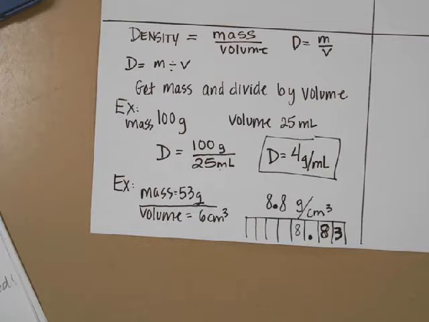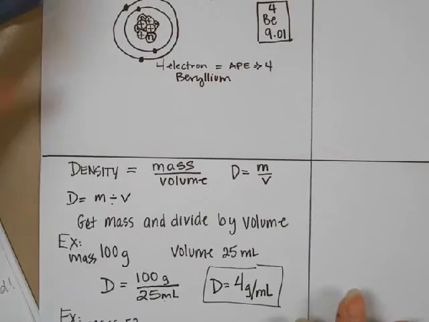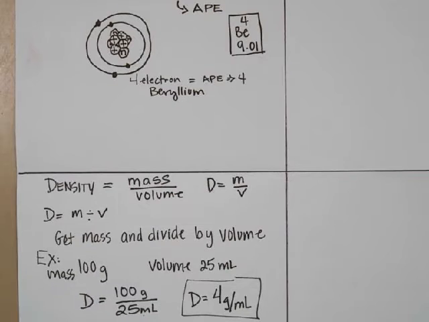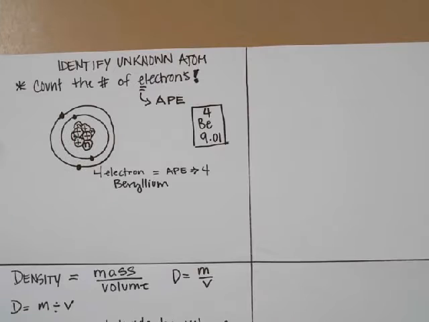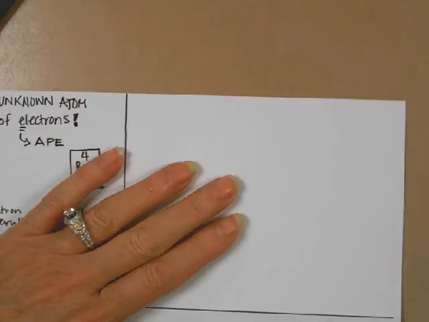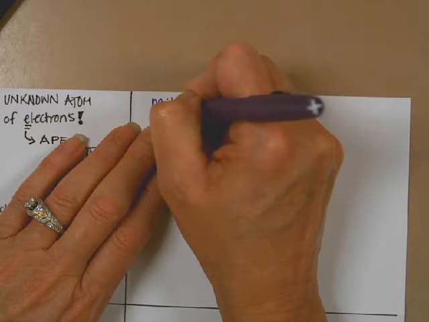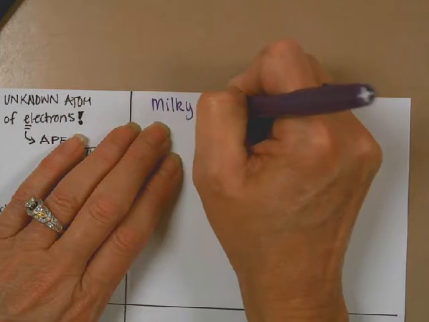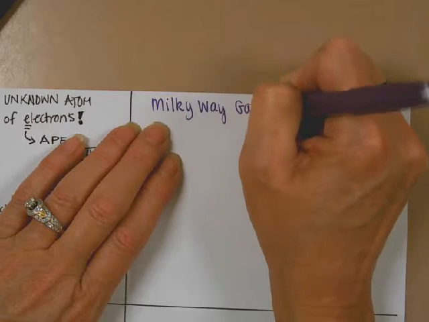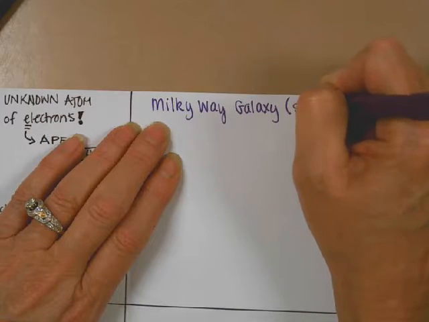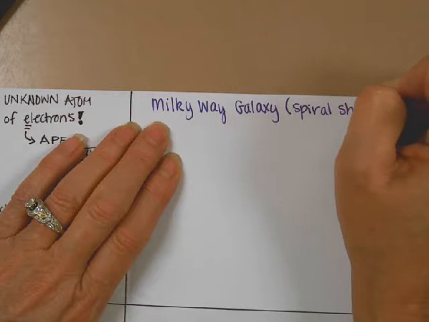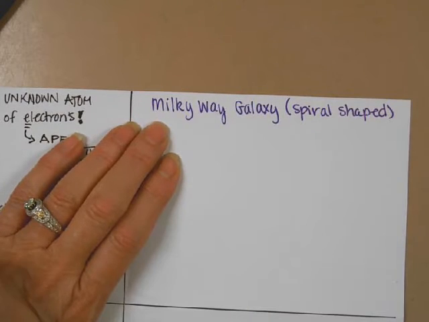Alright, so on the universe portion of this test, obviously you're going to have to know the following. So let's look at what you need to know. First of all, let's start with our sun. We are in the Milky Way galaxy, and our galaxy is spiral shaped. Our solar system is part of this galaxy, right?